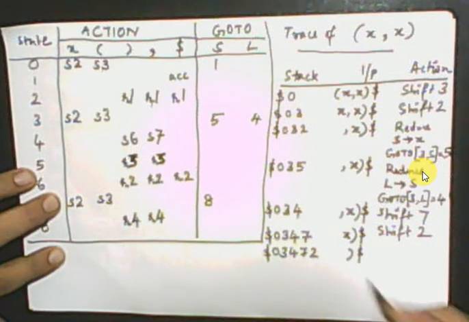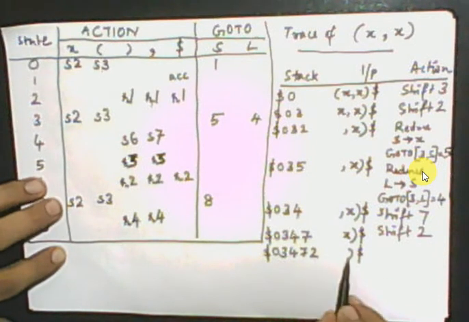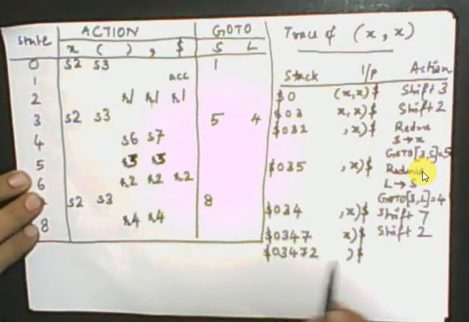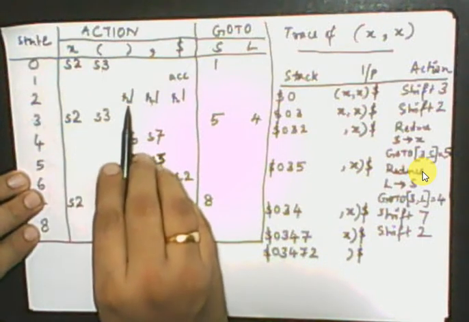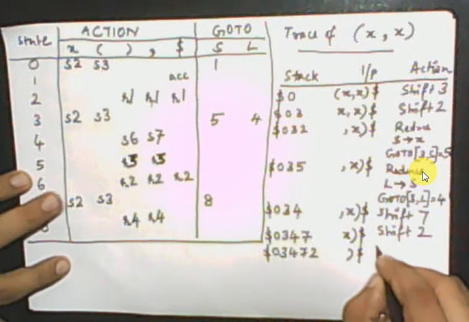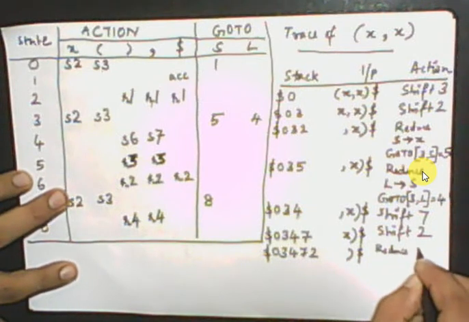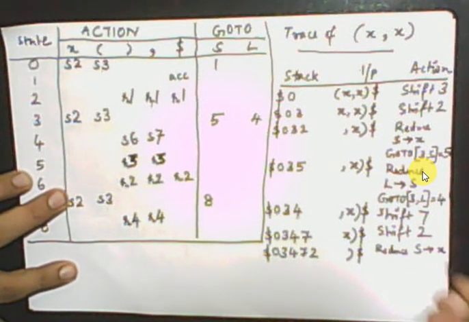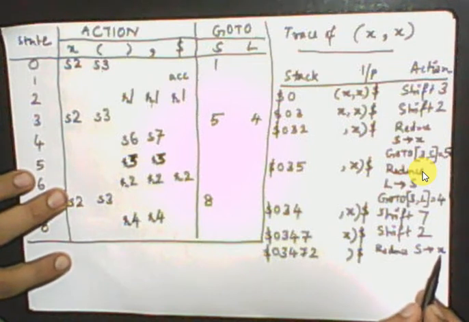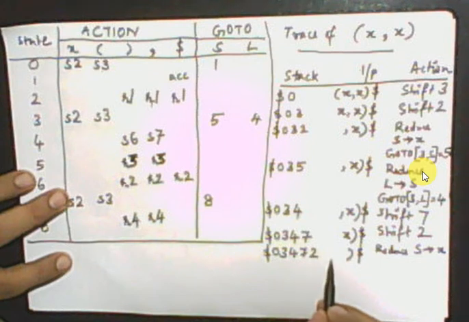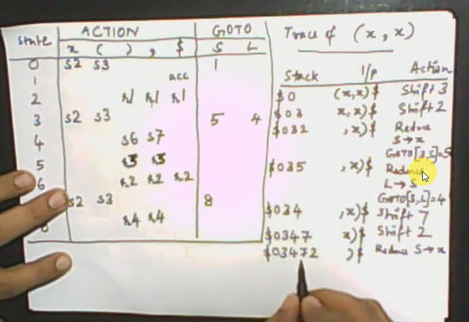and dollar. Then 2 on right parenthesis, you have a reduction operation, that is reduce S gives x. On the right hand side you have only one symbol, so 2 will be popped off, and you have 7 on top.